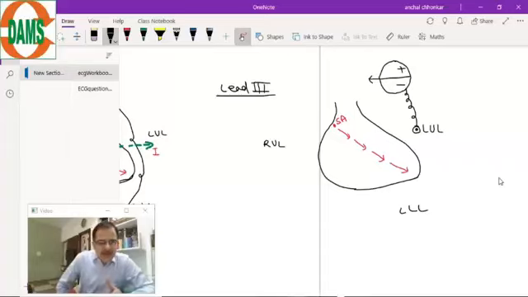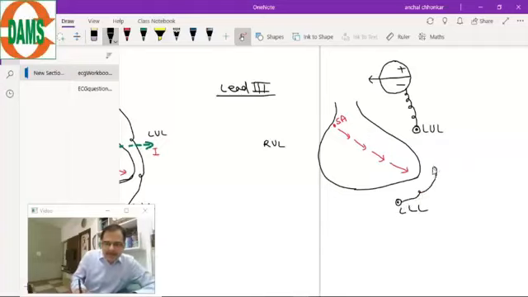So left upper limb becomes the reference electrode for lead 3, and from left lower leg we take the wire and connect to the positive pole.